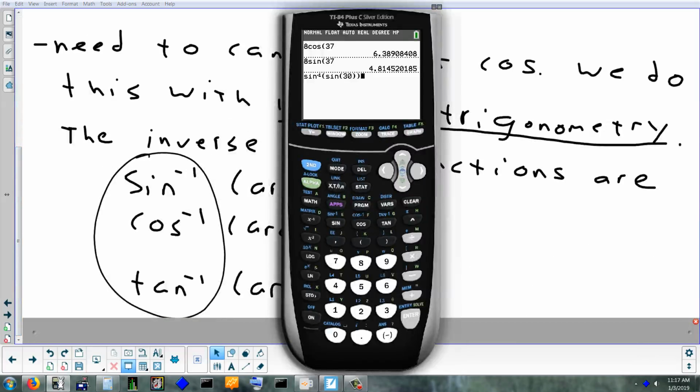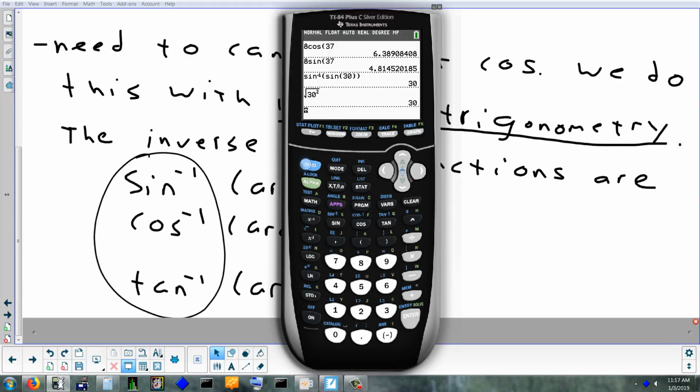Because they cancel out. So the inverse sine and regular sine cancel each other out. It's just like doing the square root of 30 squared. Well, you just did something to the 30, and then you're going to undo it right away. That's what square and square root do. So you get the same answer you started with.